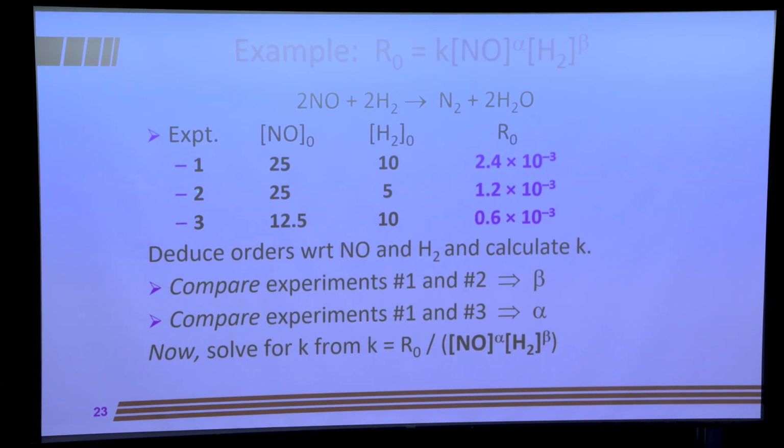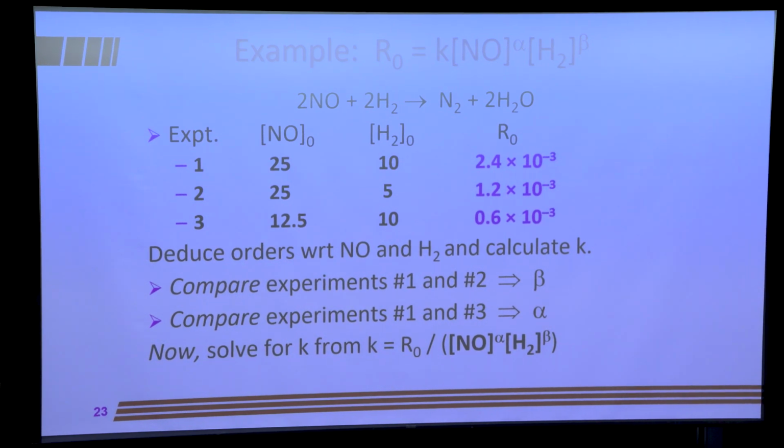Okay, for experiment number 2, we have 25, 5, and the initial rate is 1.2 times 10 to the minus 3. And then for 3, the initial concentration of NO is 12.5, that of H2 is 10, and it's 0.6 times 10 to the minus 3. Okay. So we can deduce the orders with respect to NO and H2 and calculate the rate constant very easily.